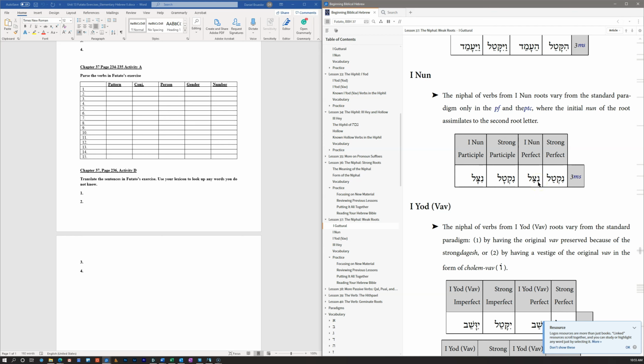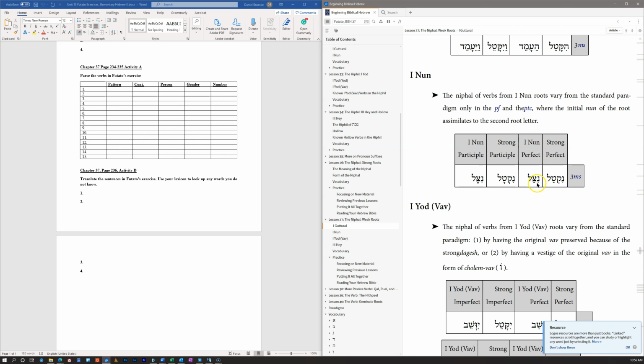You used to not have to worry about the one nuns in the perfect because there was nothing forcing them to assimilate. But now that one nun is closing a syllable, and so that's when the nun decides to assimilate. So previously, when we were looking at one nuns, the perfect wasn't an issue because there wasn't a prefix. But just as we saw with the Niphal, we do have a prefix.